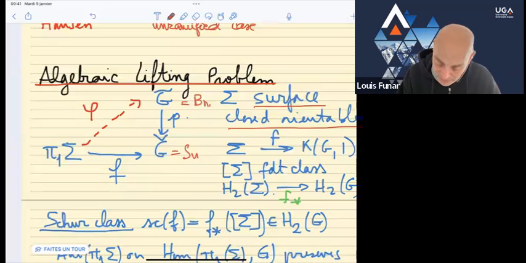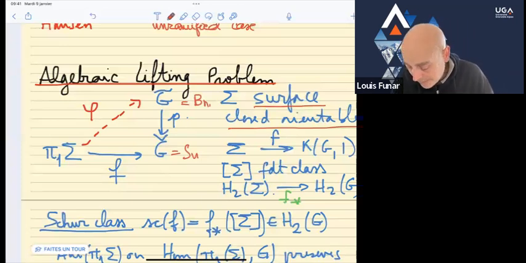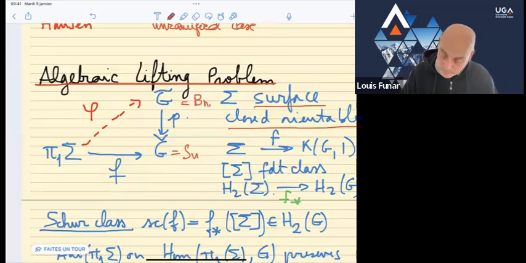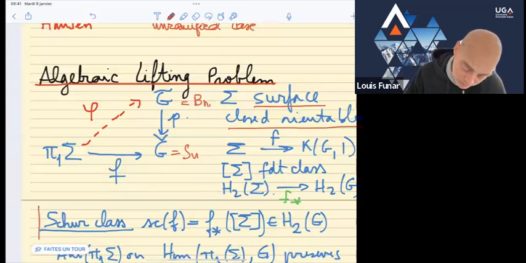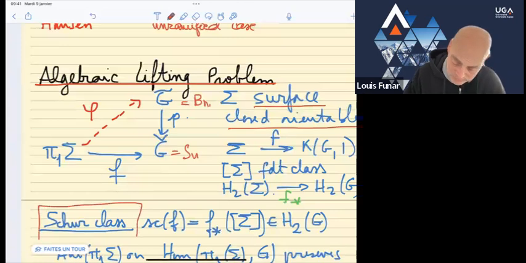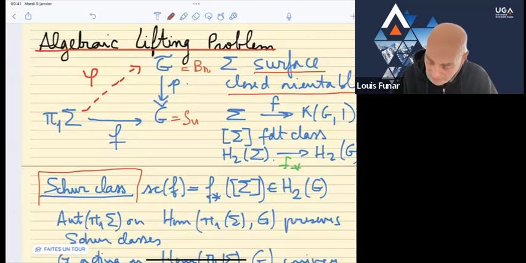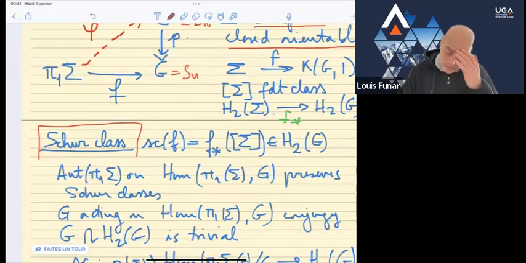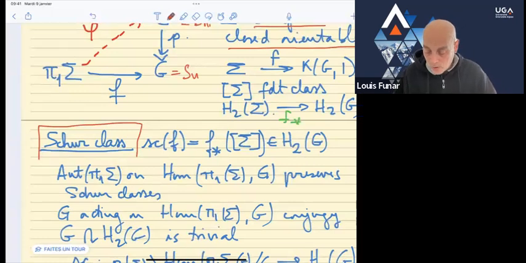This invariant is the image of the fundamental class of the closed orientable surface sigma in the second homology group, the so-called Schur multiplier of the group G. One calls that the Schur class of the homomorphism, which is this image in H2 of G. Now one immediately sees that this is a kind of invariant of our problem.